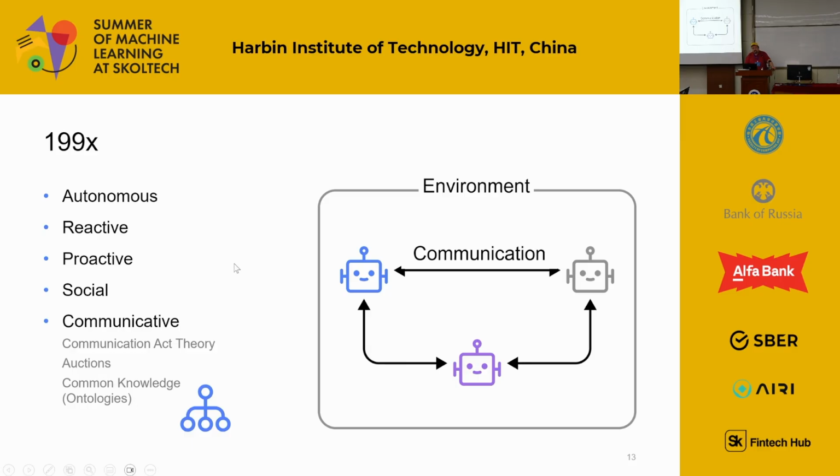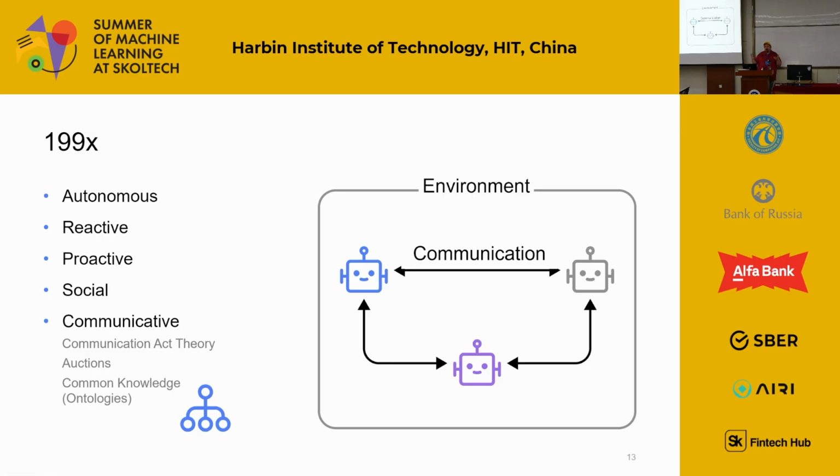There is the so-called communication act theory, which comes from linguistics, which was employed here to develop specific languages for inter-agent communications. And of course, a lot of efforts were put into knowledge representation, because if the agents need to talk to each other, they need to speak the same language.